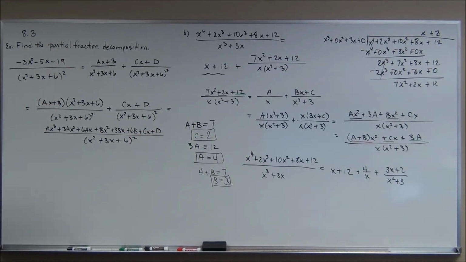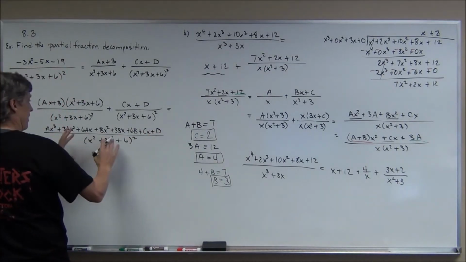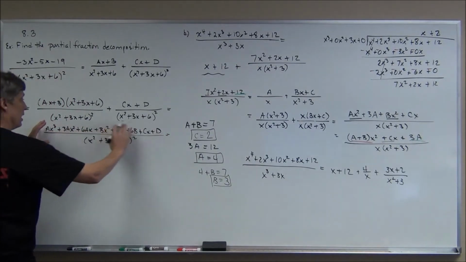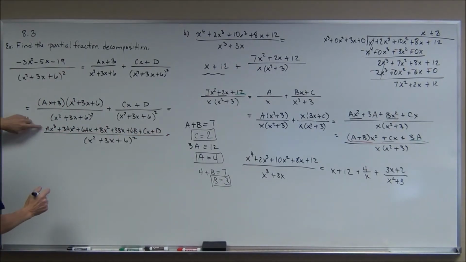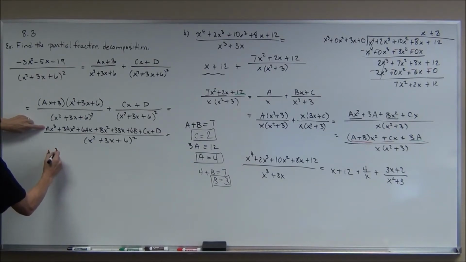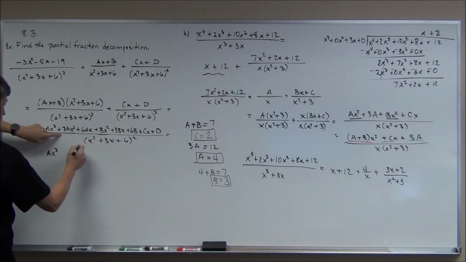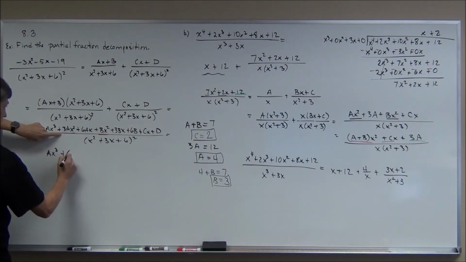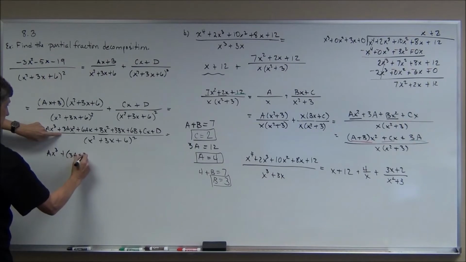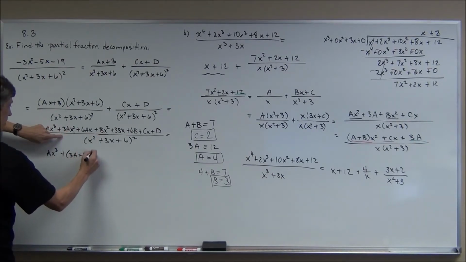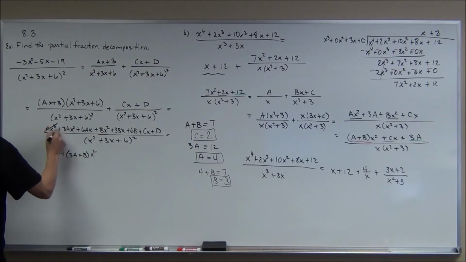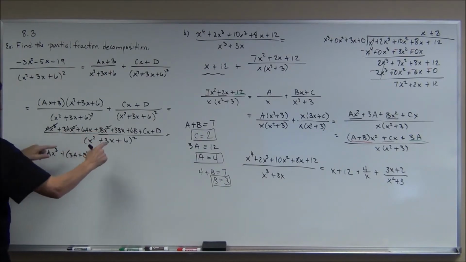Let's get this in descending order by combining like terms. This is my only x to the third, which is good. Okay, this is x squared, this is x squared. So these two, I factor out the x squared, I get (3a plus b) x squared. I'm going to cross these out so I don't get them confused anymore.